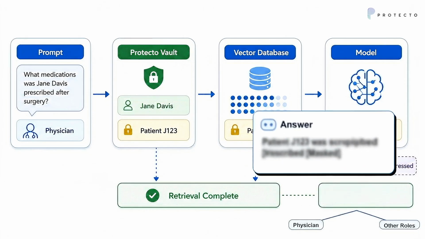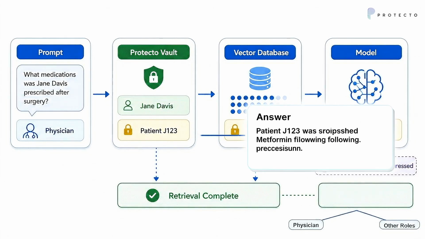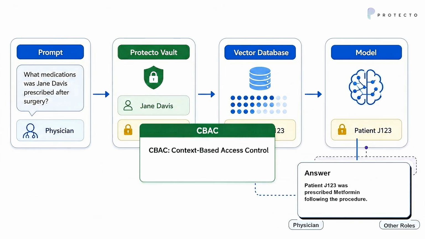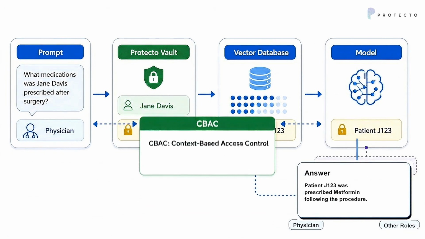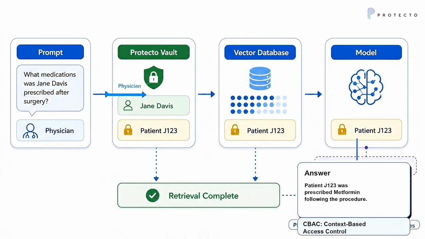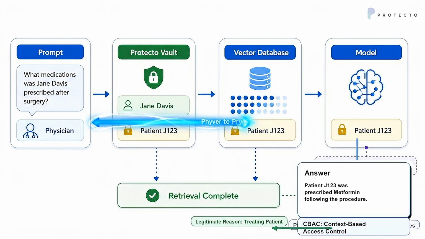Point 7. The model's answer reads, patient J123 was prescribed metformin following the procedure. Before that answer goes anywhere, Protecto checks context-based access control, or CBAC, against the person asking. If it's the physician treating that patient, or a claims investigator with a legitimate reason to see the record, Vault unmasks the token.